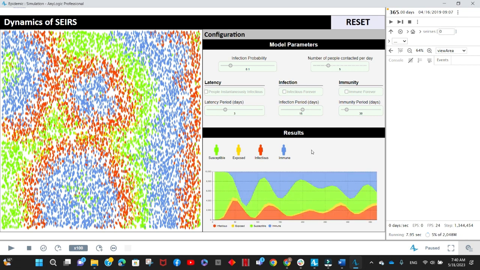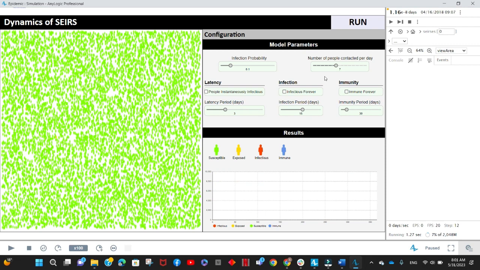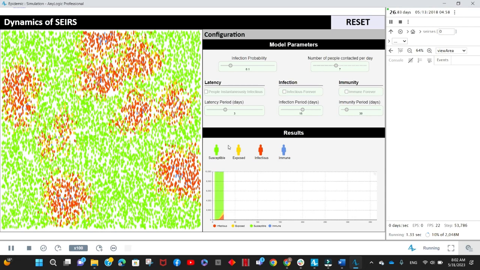So this means that the evolvement or the spread of the disease is not very fast, so it is moderate. Now, if we increase the number of people contacted by each person per day to 7 instead of 5, this means that probably the virus is going to spread faster. So let's run the model to see how we can see this in the animation.